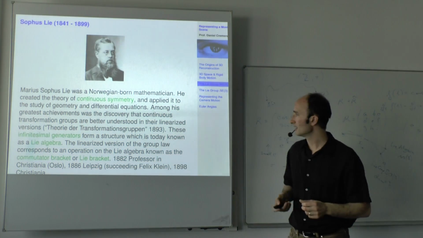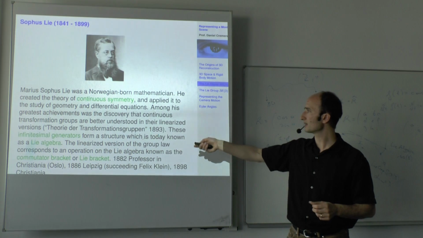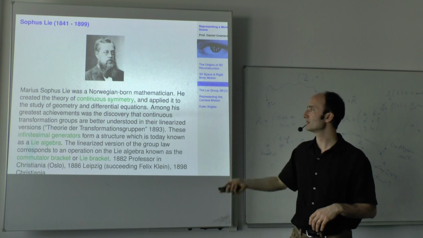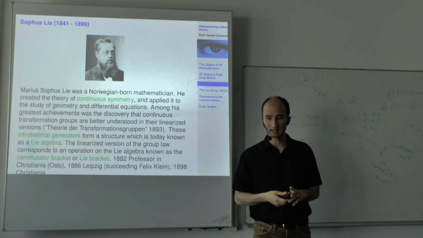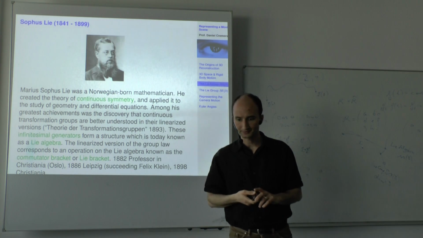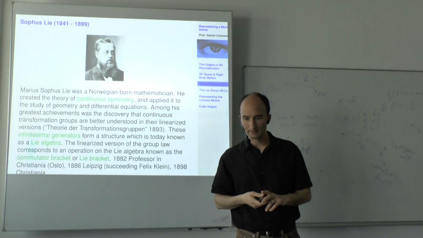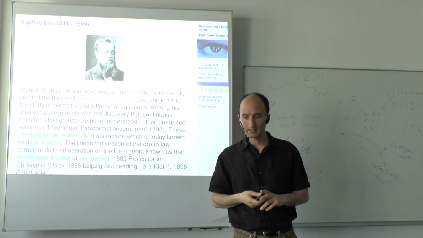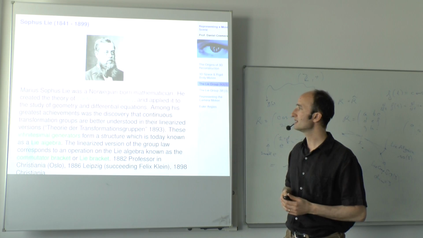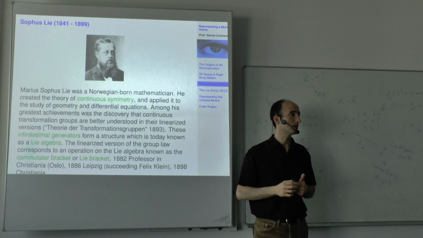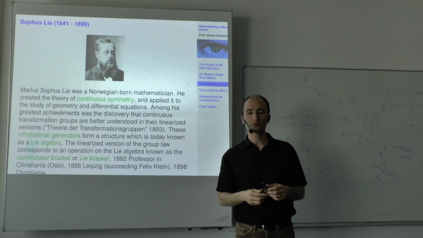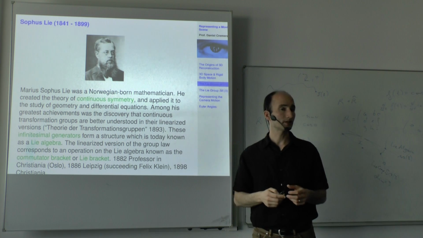And he had a groundbreaking paper which he called Theory of Transformation Groups, published in 1893. And so there he argues that you should use the Lie algebra to model group transformations like rotations.